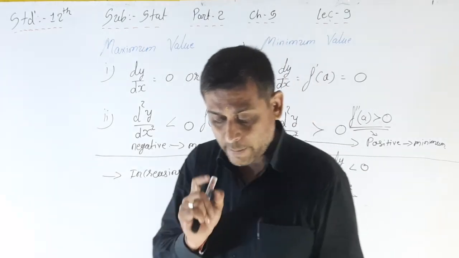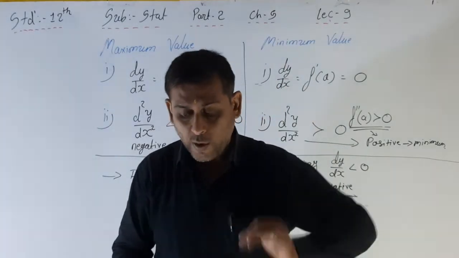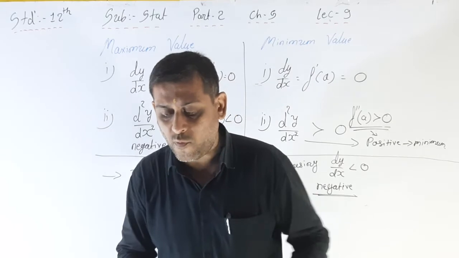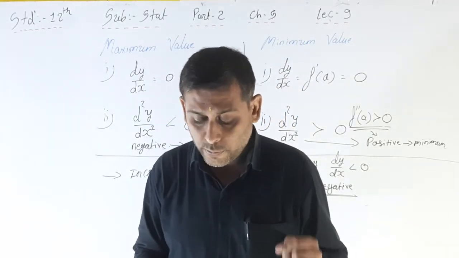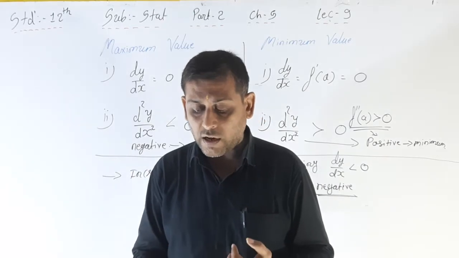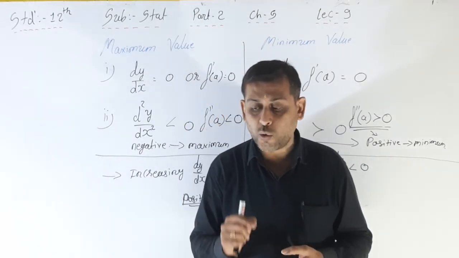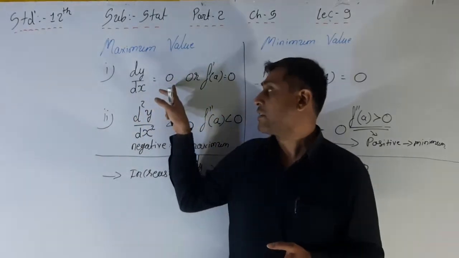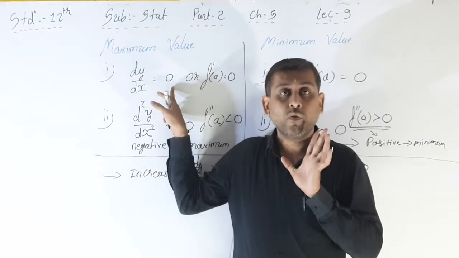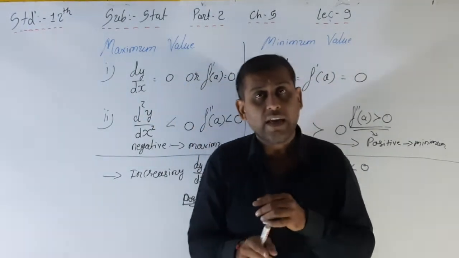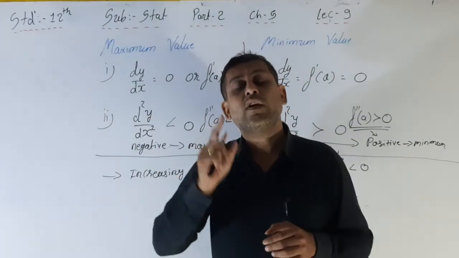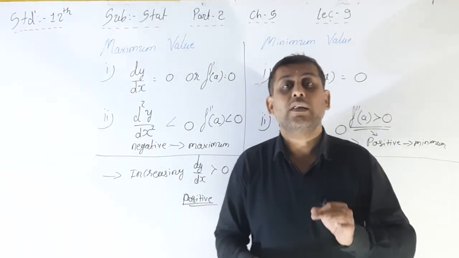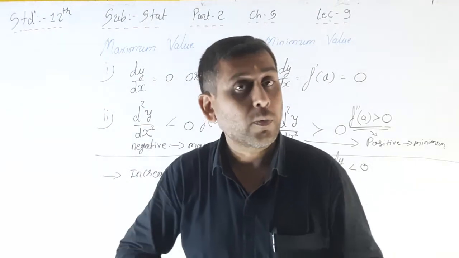Okay, I am reading again that the points where the maximum or minimum values occur are known as stationary points. The necessary condition to obtain a stationary value is dy by dx is equal to 0. First of all, we have to find dy by dx, then put dy by dx is equal to 0, and then we can find the stationary point, that is the x value, from that.